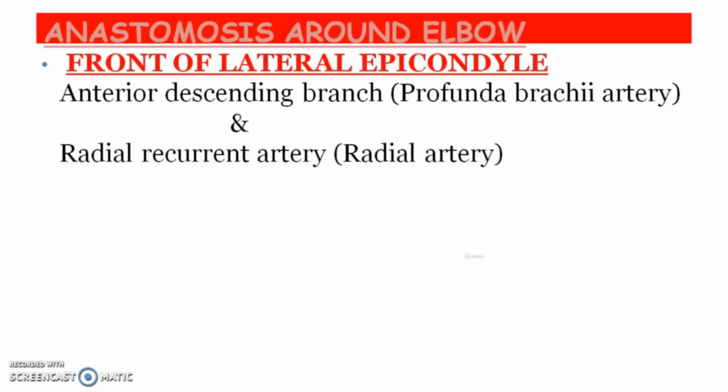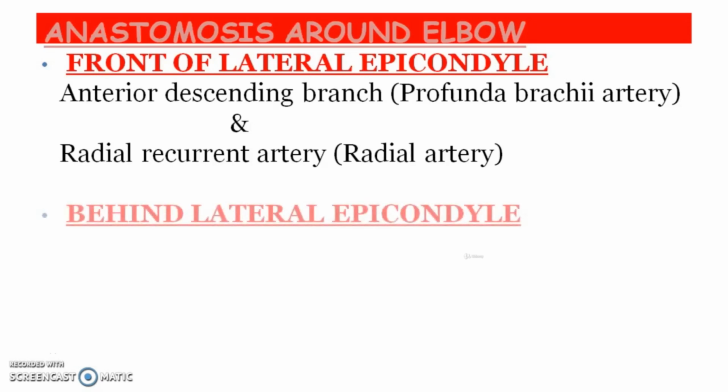The arteries arising from the lower aspect we call recurrent because they turn upward. So the anterior descending branch of profunda brachii artery anastomoses with the radial recurrent artery, a branch from the radial artery itself, in front of the lateral epicondyle.